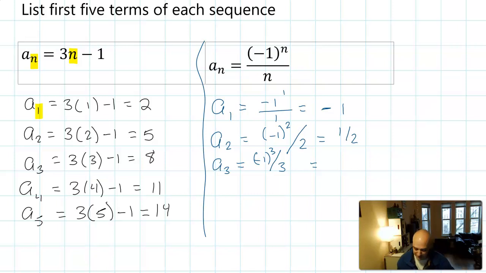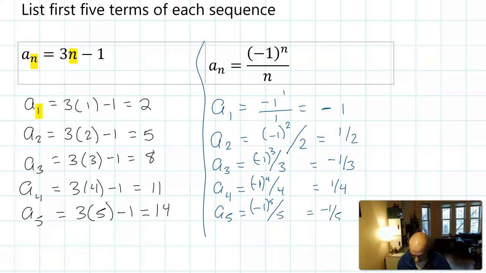Well, -1 to the third is back to negative, so this is -1/3. You can kind of start to see the pattern. A4 is -1 to the fourth over 4, which is +1/4. And A5, -1 to the fifth, that'll be -1 over 5, so -1/5.